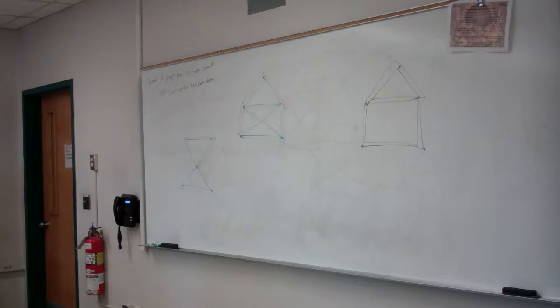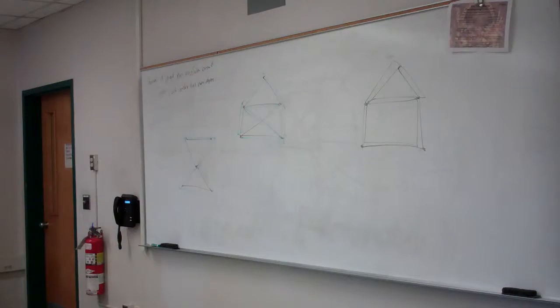So as you pass through it, you're going to use an even number of edges. And if it has odd degree, there's going to be one edge that you can follow to get to that vertex, but you won't have any edges left to leave, which means you'll either begin or end at that vertex, and you can't both begin and end there. And so you can't have a circuit.